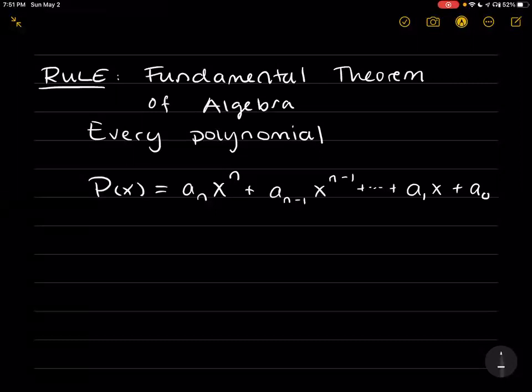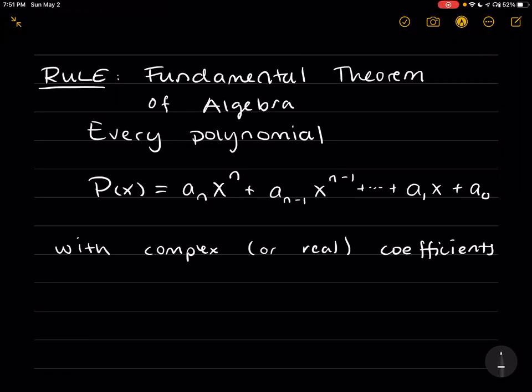And then this polynomial is with complex or real coefficients. So all the coefficients, A naught, A1, all the way through A sub n minus 1, A sub n, are real or complex numbers.